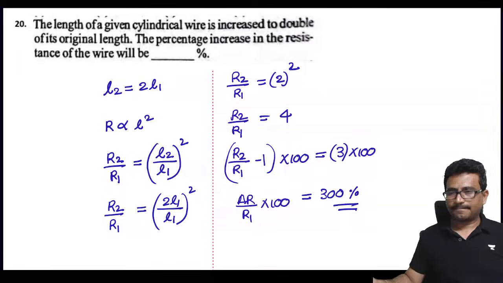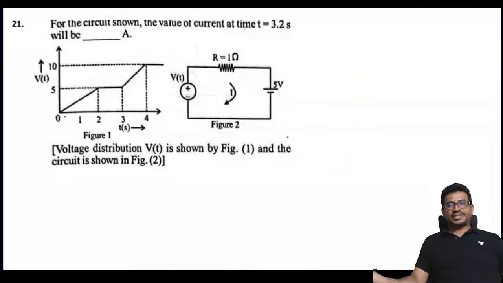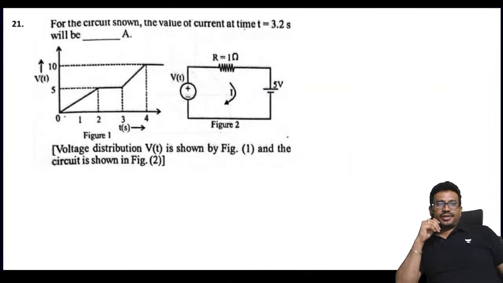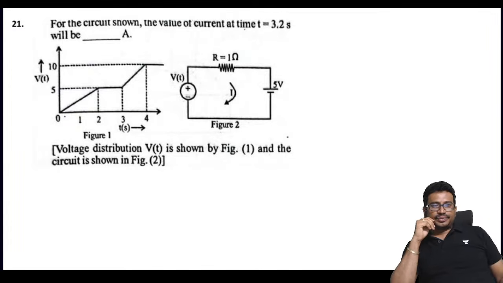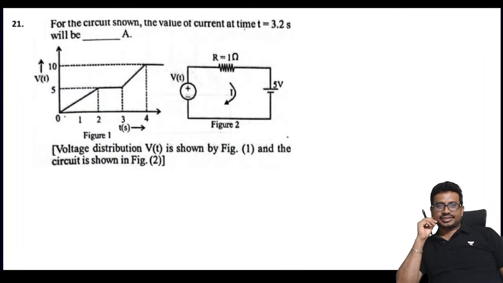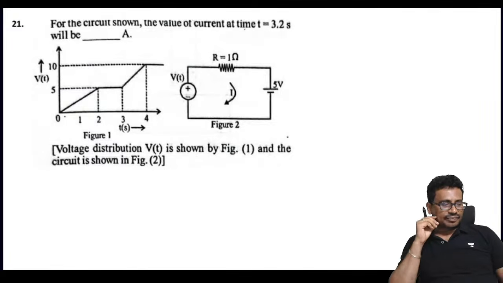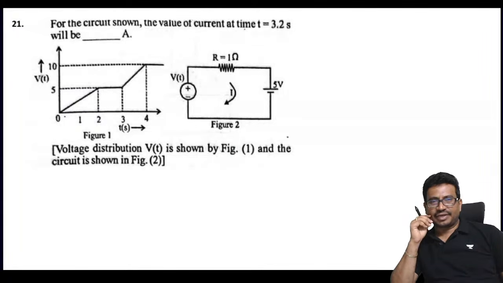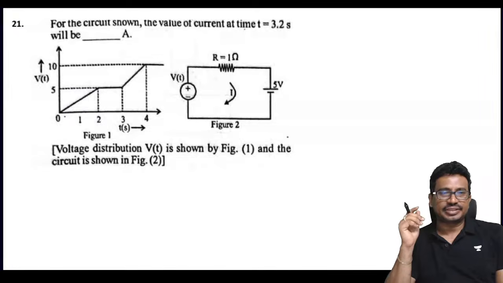Next. For the circuit shown, the value of current at t is equal to 3.2 seconds is. They ask us to find the value of current at 3.2 seconds.